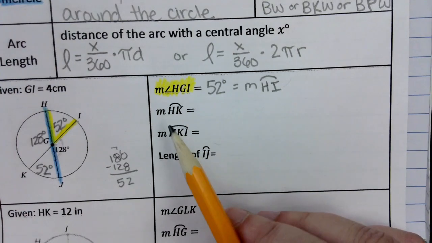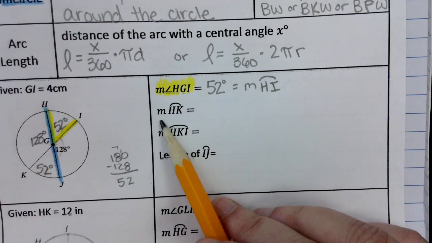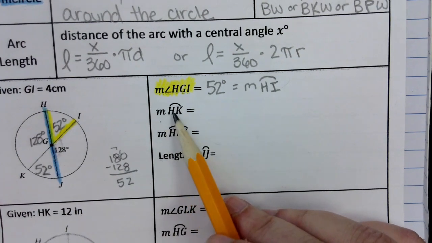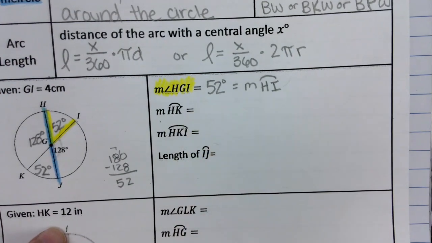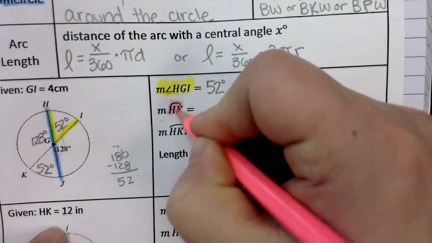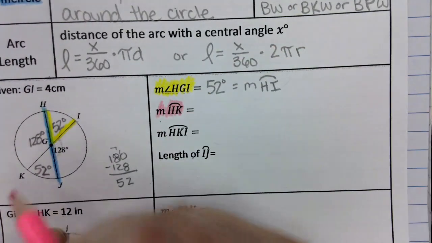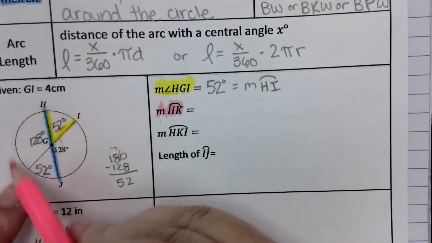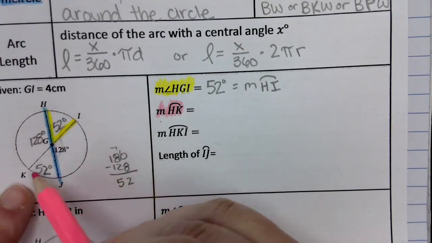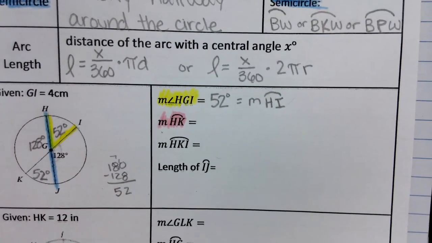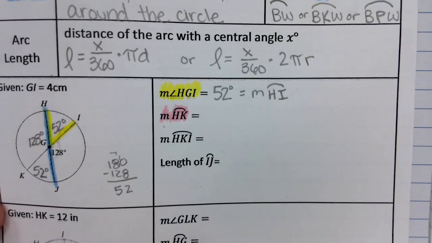So if I go straight there, the quickest way, is that major or minor? Minor, yeah. So I want to go H to K. When I go H to K, if I look at that angle that's created to the center, how many degrees is that central angle H to K? 128.